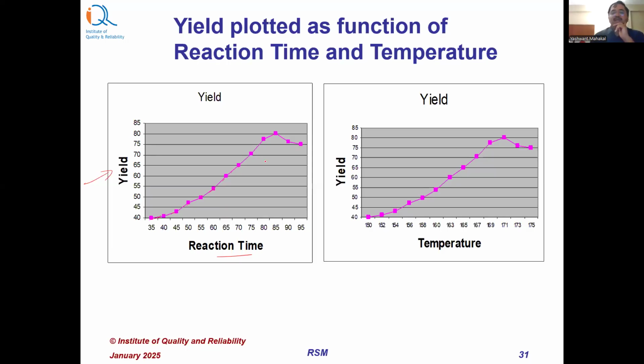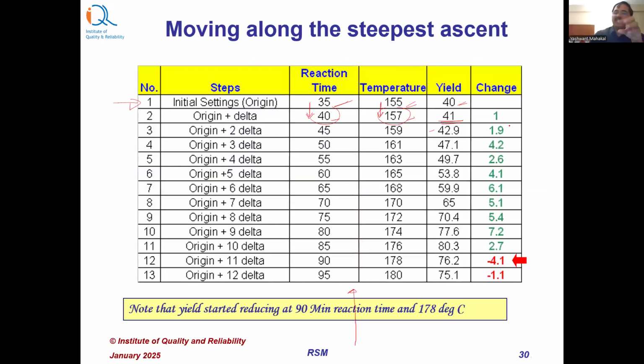And there is a point where it reaches the peak and then starts falling again. So this change is of importance to me. This region is very important, wherein I'm able to see the optimum region. You can see here the yield is maximum at this point.